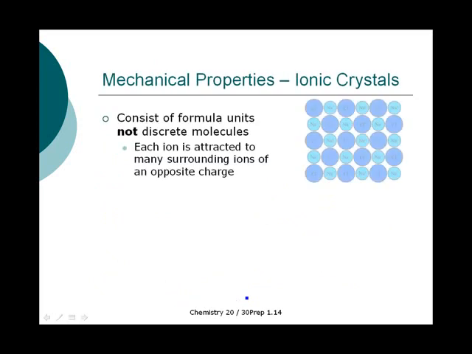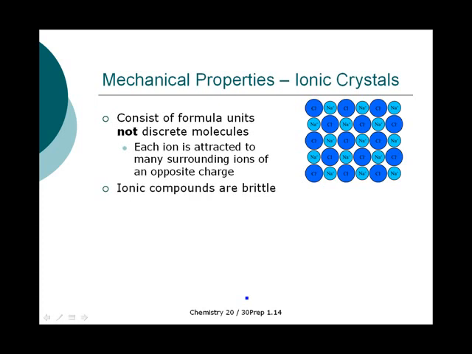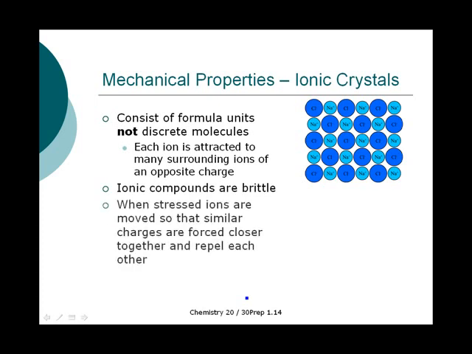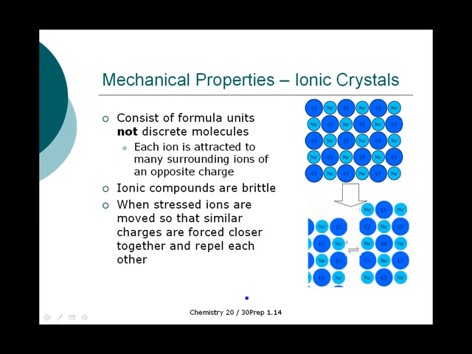So now we're going to look at some of the mechanical properties. When we take a look at ionic compounds, because they're not discrete molecules, each ion is attracted to every surrounding ion. What this does is it makes ionic compounds brittle. As soon as you shift some of those ions, you end up pushing similarly charged ions beside each other, and it actually helps in breaking the crystal apart.